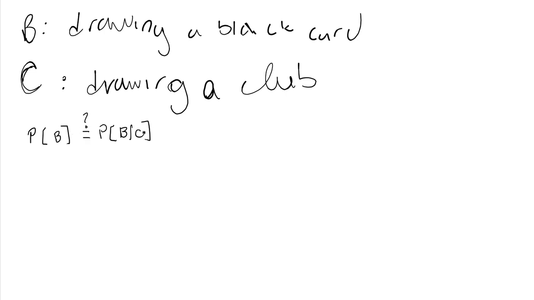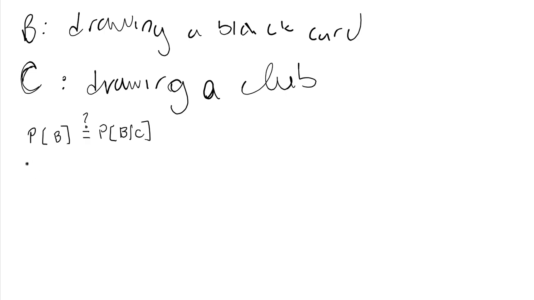But if you take a clubs first, then the probability of you having drawn a black card is actually 100%. So drawing a club is informing you, and it changes your beliefs. It changes the likelihood of what's going to happen next.